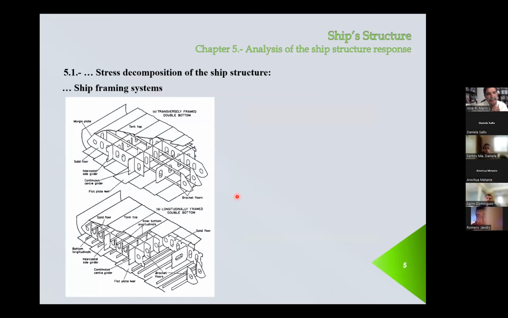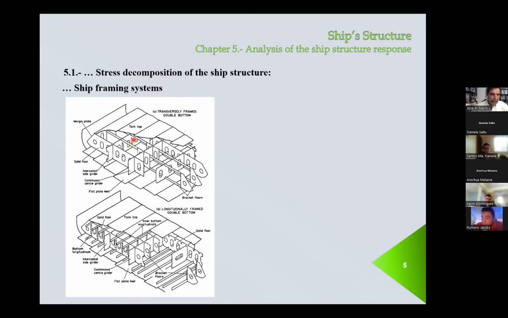Okay? In this case, we have a longitudinal framed double bottom. You see that this is the top of the double bottom. Sorry, this is transversely.